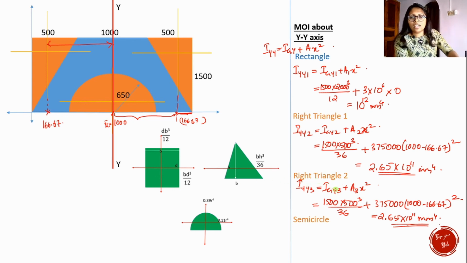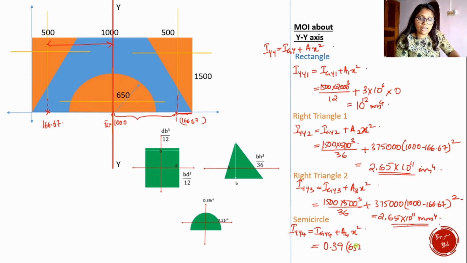Okay. Lastly, we have the semicircle: IY4 is equal to IGY4 plus A4 x square. Here again, IGY4 is the moment of inertia of the semicircle about the vertical centroidal axis. That is written as 0.39 r raised to 4. So 0.39 times the radius 650 raised to 4, plus the area, which was 663325, into x.